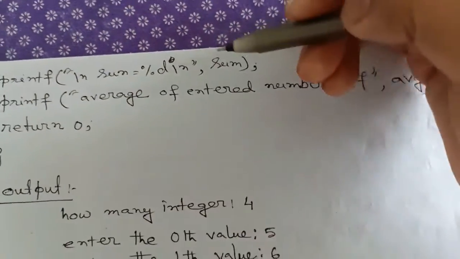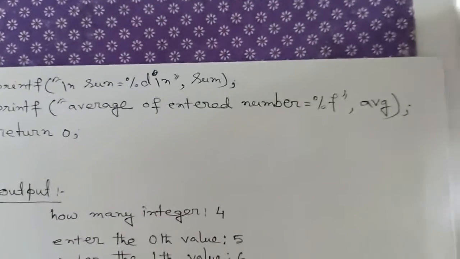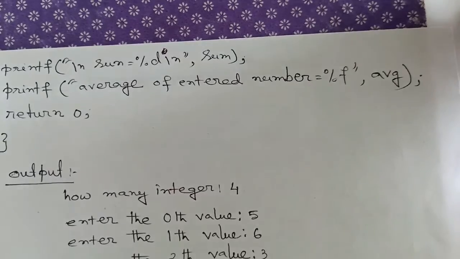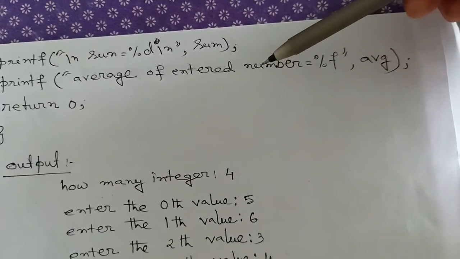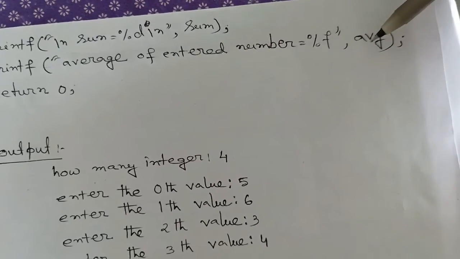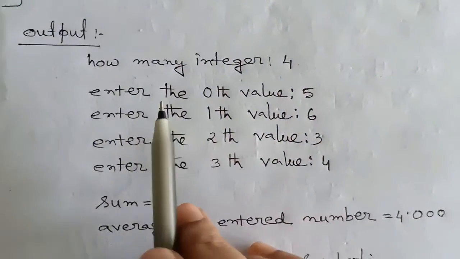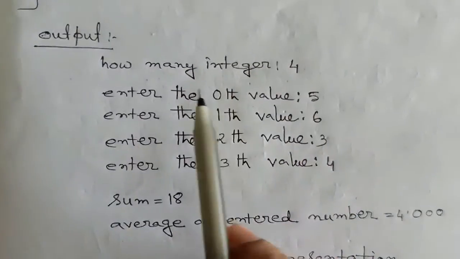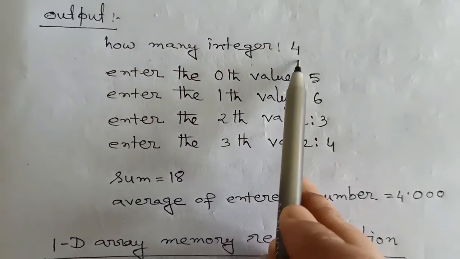Now print the sum, then print the average of the entered numbers. Okay, so let's take the output. As per the program, how many integers: 4.